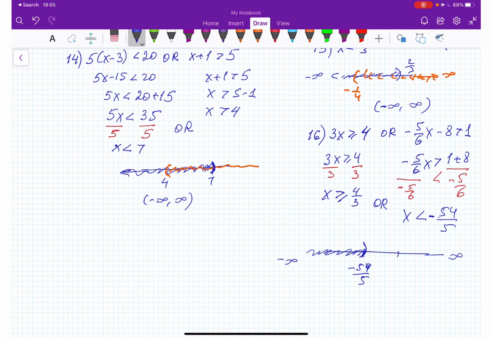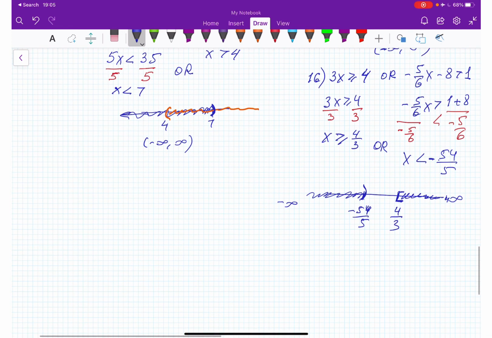And here we have 4/3. And it's going to be a square bracket here, right? Because the equal sign is there. Greater than. So it's going to go all the way to positive infinity. For and, we wouldn't have any solution, correct? Because there's no overlapping. But for or, we do have a solution. This is a solution for us. And this is a solution for us.